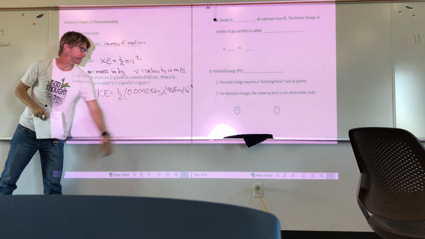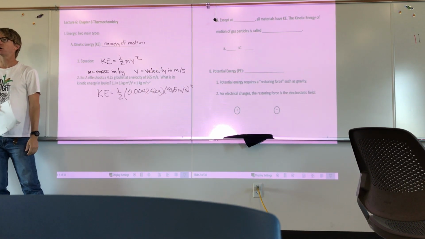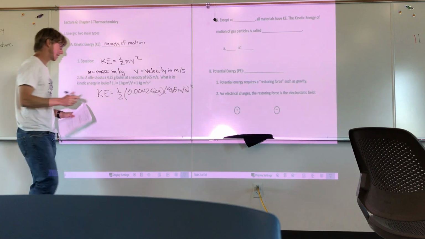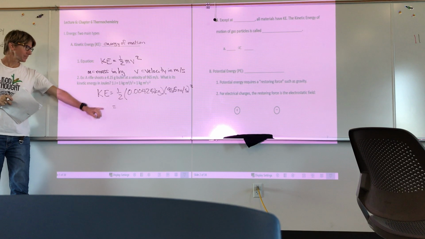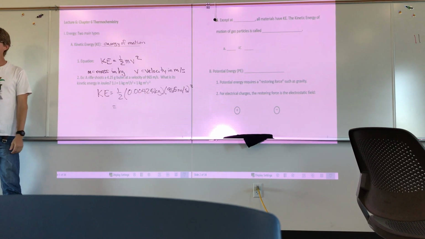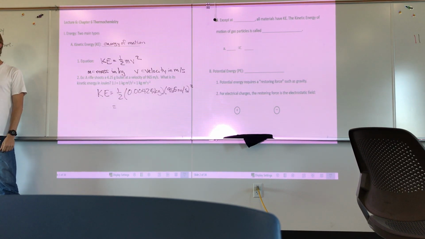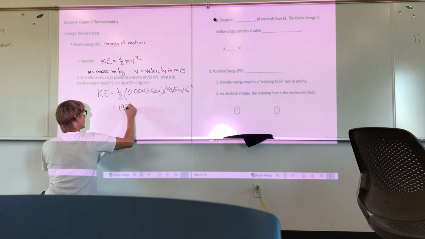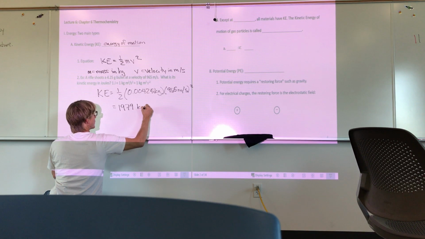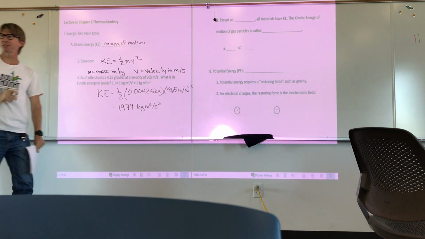Filling in our 965 meters per second, take that whole quantity squared, plug everything in. And we get 1,979 kilogram meter squared per second squared.